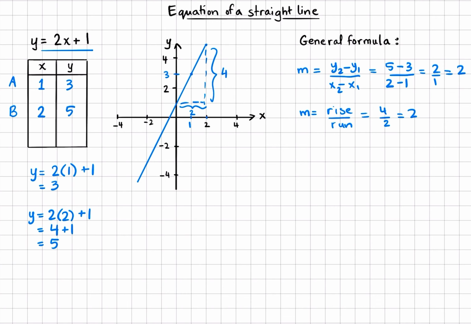Now, there's something else you need to know about straight lines: we care about where the line crosses the y-axis. Okay, and I'm talking about this point here. For this line, it crosses the y-axis at y equals 1. And something else to always remember is that if I'm describing it as a coordinate, the coordinate of this point is x is 0 and y is 1.